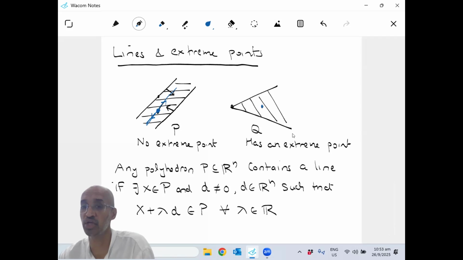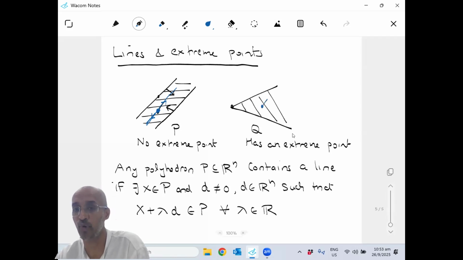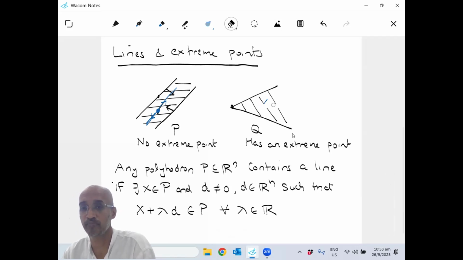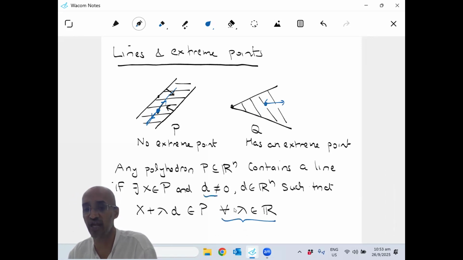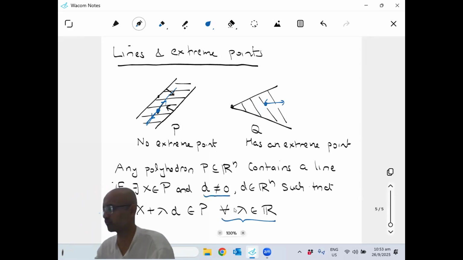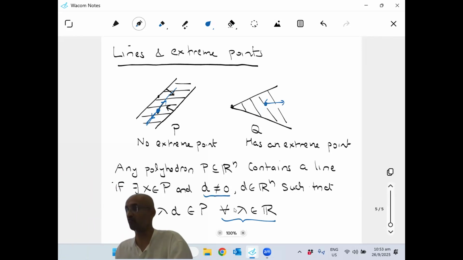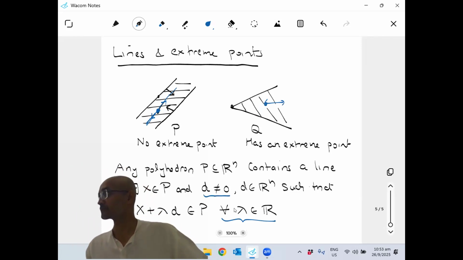Clearly, here I cannot do this because if I take this direction, at some point I move out. So this has to be true for every lambda in R. And of course, the direction has to be non-zero, otherwise it's a trivial definition.